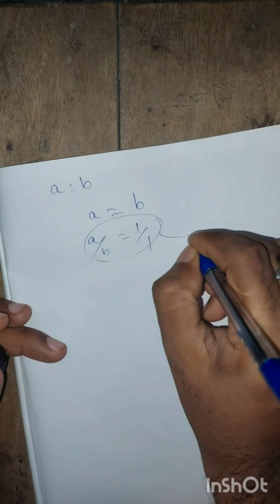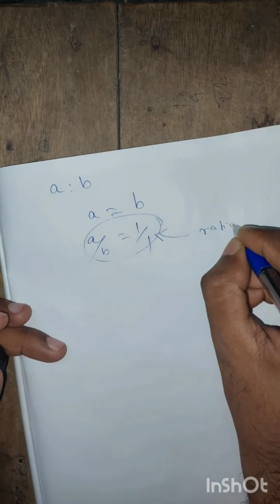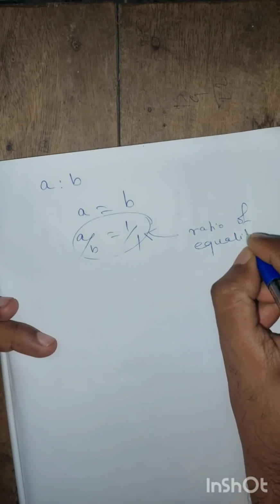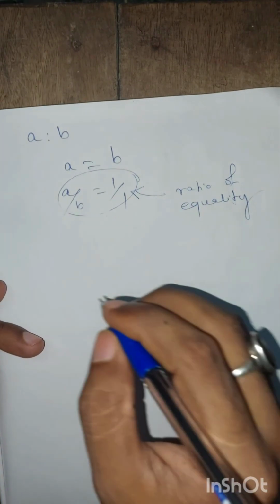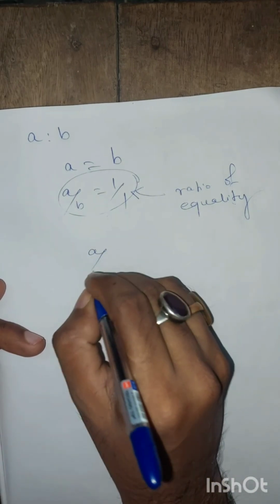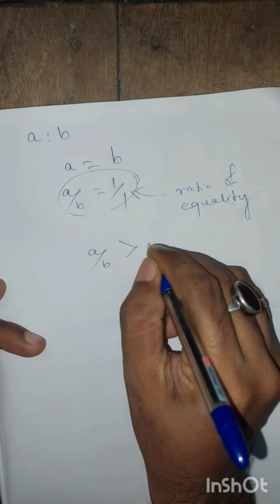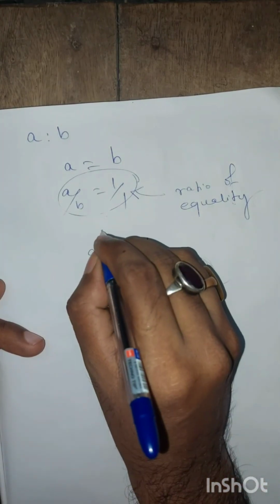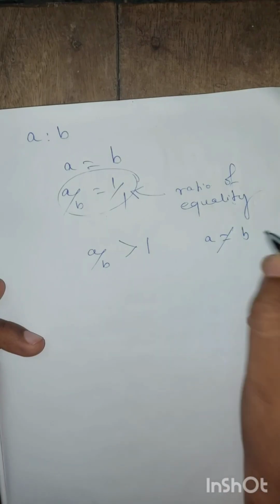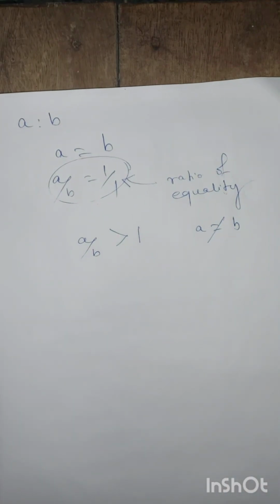And if a by b is greater than 1, that means a is not equal to b, and a by b greater than 1, this kind of ratio is called the ratio of greater inequality.